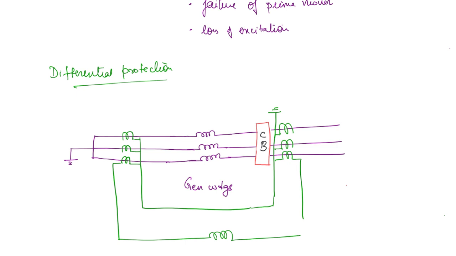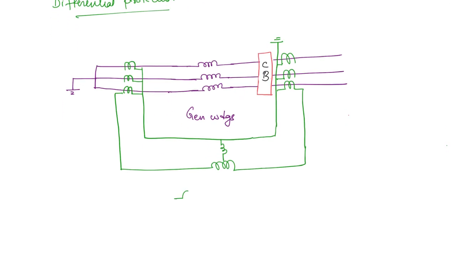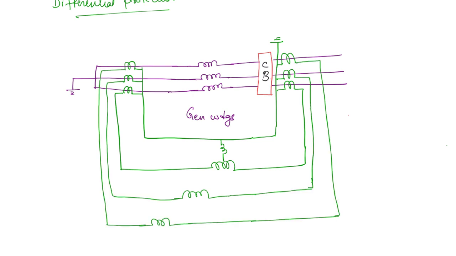Here you have the restraining coil, so we are using a bias differential protection. And here there will be the operating coil. Similarly for the other two phases we can draw. In this way the restraining coil will be connected and the operating coil is going to be connected like this. Remember this is for the star connected generator.